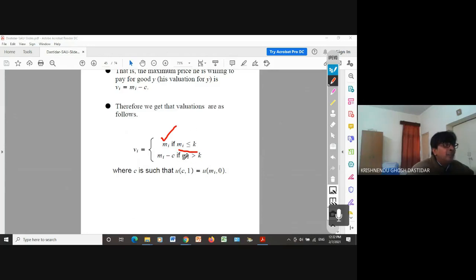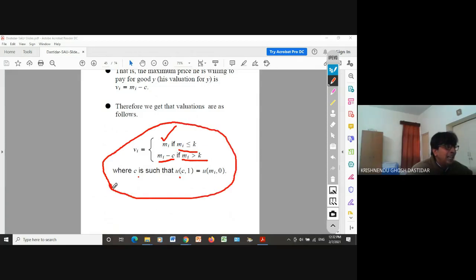When your income is more than K, your maximum willingness to pay for it is M_i minus C, where U(C,0) is equal to U(M_i,0). See, from the standard utility maximization exercise in demand theory, we have derived the valuation for good Y, the maximum price that he is willing to pay.